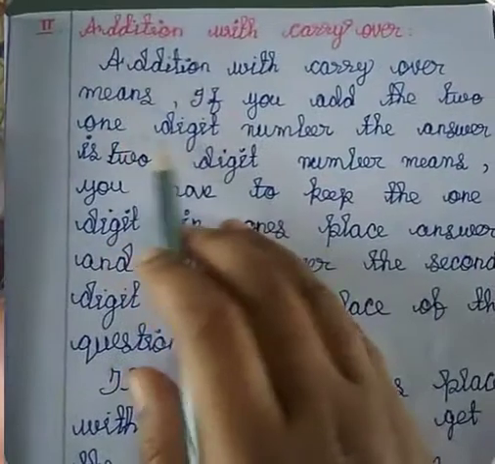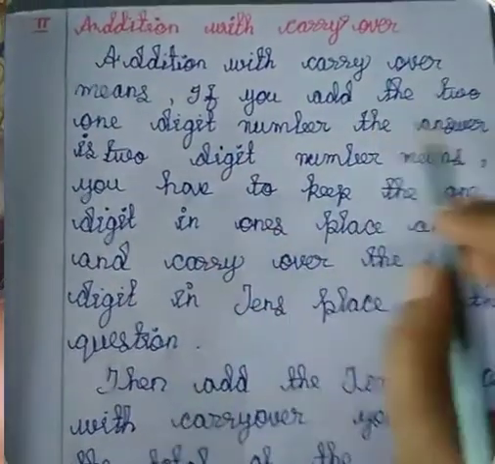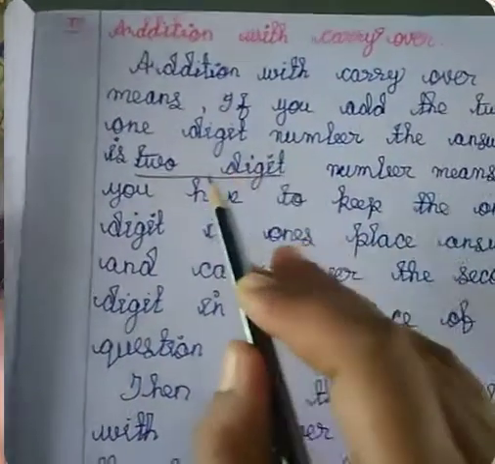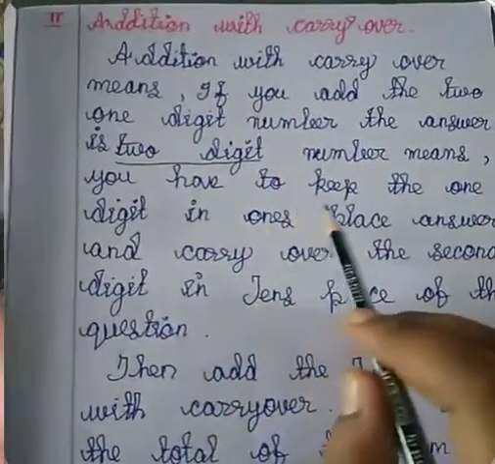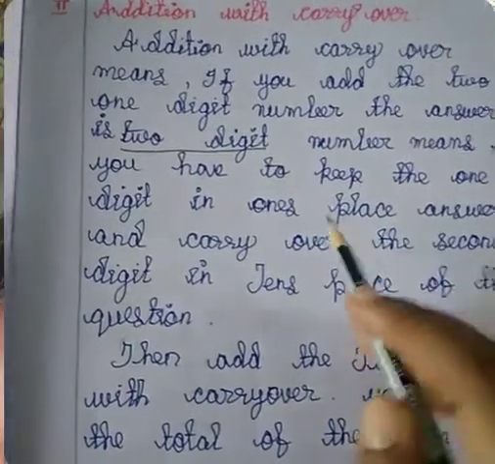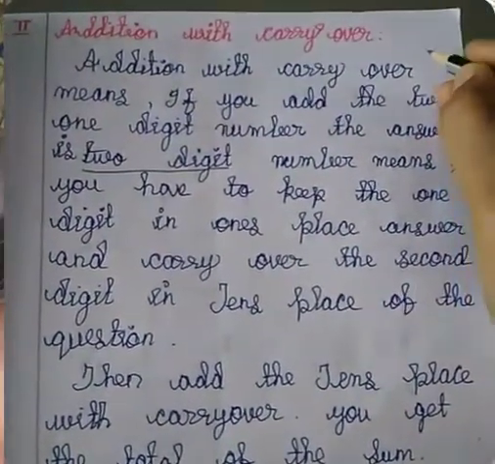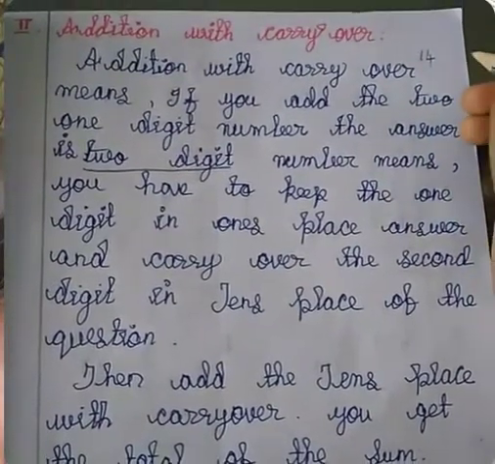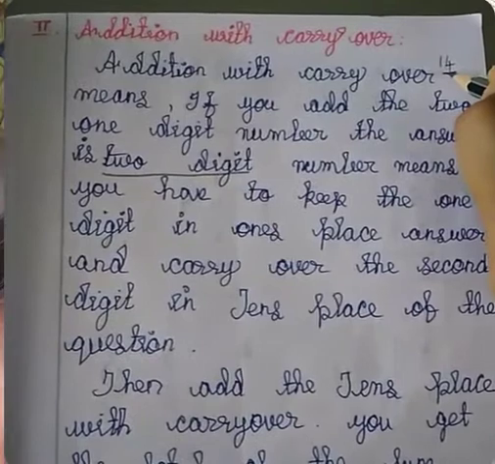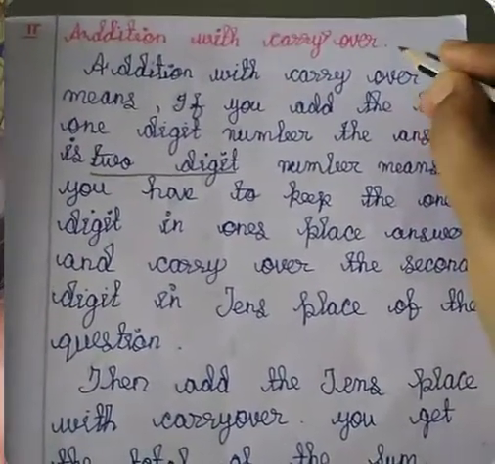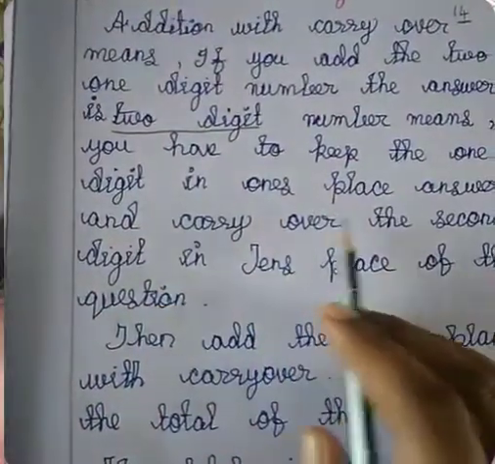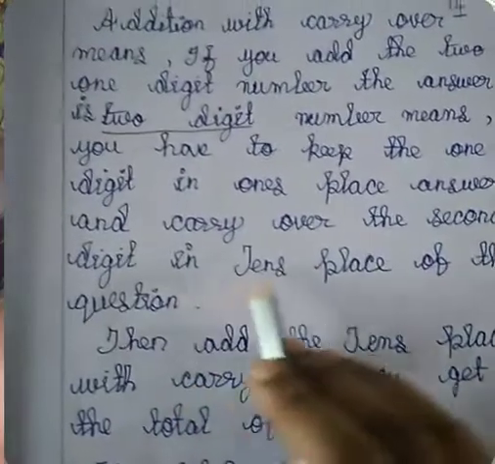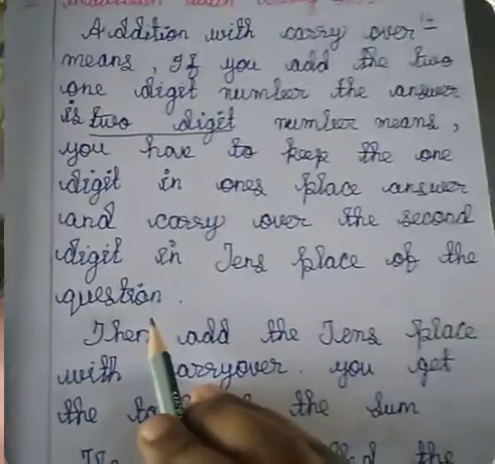If you add two one digit numbers and the answer is two digits, you have to keep one digit in the ones place. For example, if you add two one digit numbers and get 14, you keep 4 in the ones place of the answer and carry 1 to the next place, the tens place of the question.